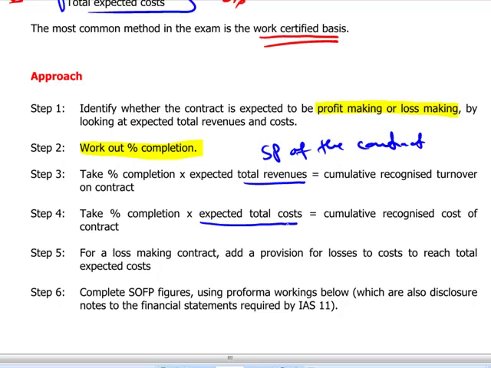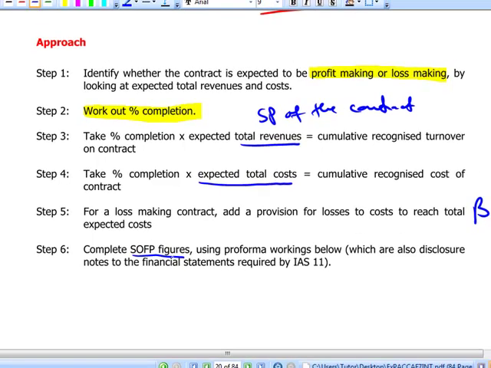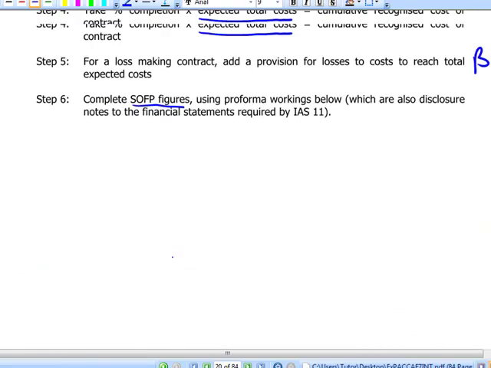You will recognize cost of the contract by multiplying the expected total cost to finish off the terminal in our example by the stage of completion percentage. For loss-making contracts, you will make the cost a balancing item in order to fully recognize the loss as soon as you foresee it. And then what you have to do is to finish off the statement of financial position figures using a pro forma working, as is given to us a little bit below.